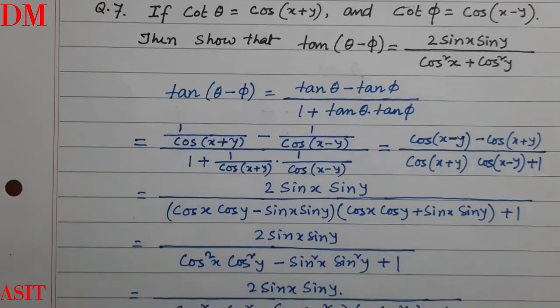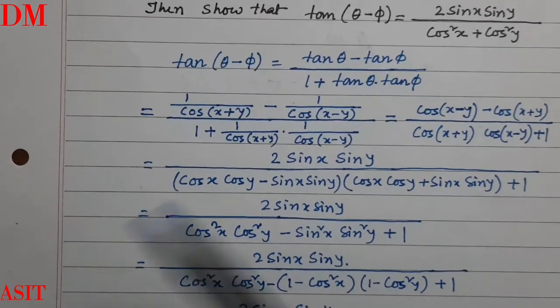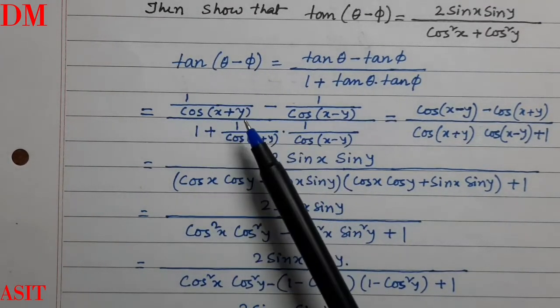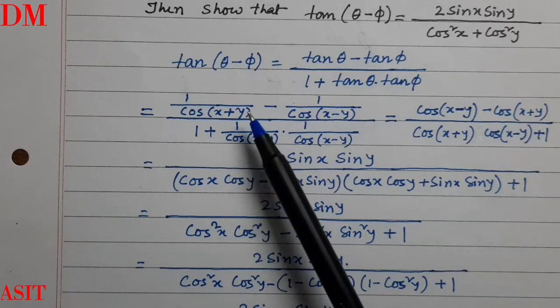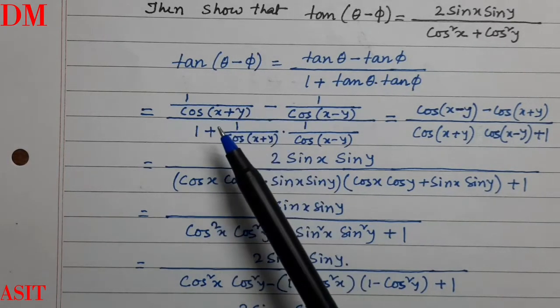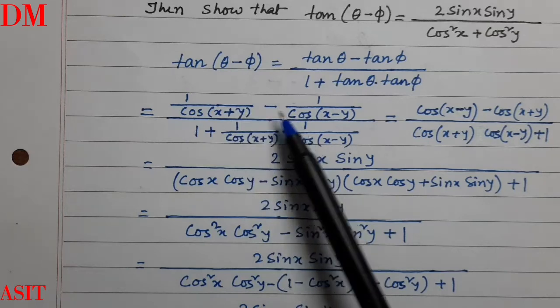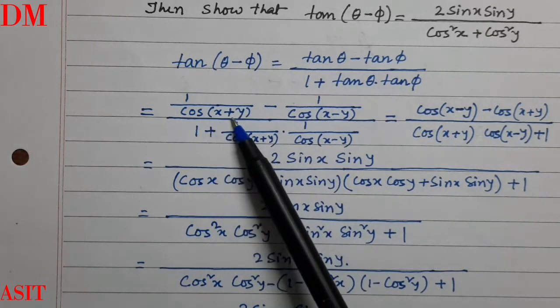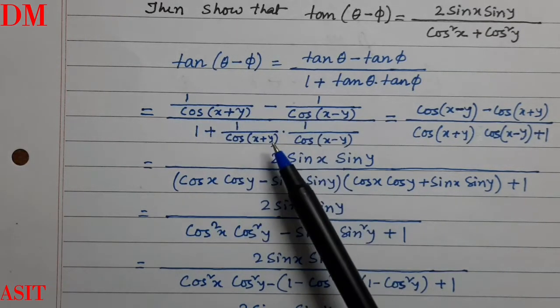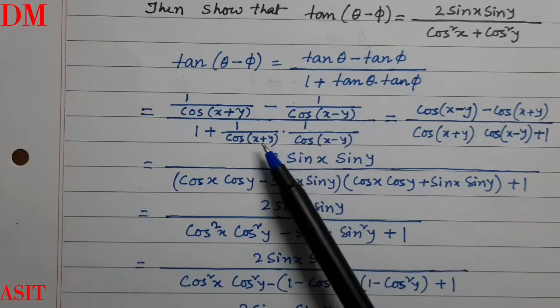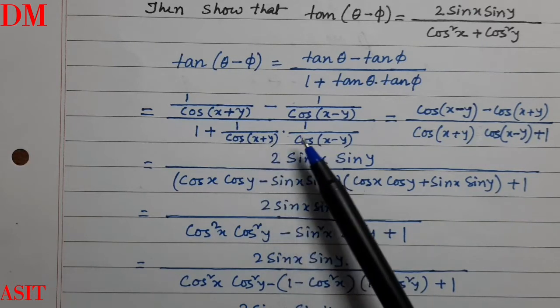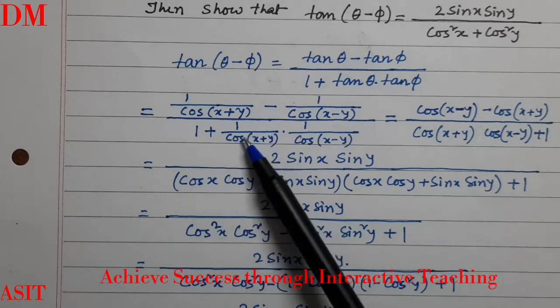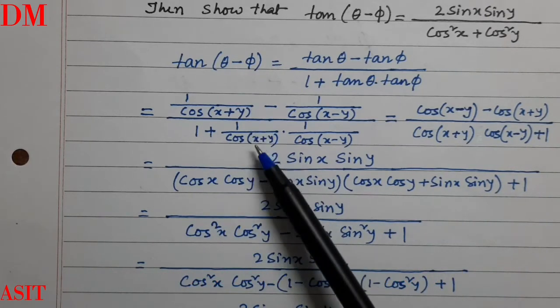So after that, what we can see that we can simplify the numerator. So if we simplify the numerator, we just take the LCM. So in the denominator it will be cos x plus y into cos x minus y. In the denominator also, denominator of this term also, we get cos of x plus y into cos x minus y if we do the LCM here. So the denominators will cancel out.